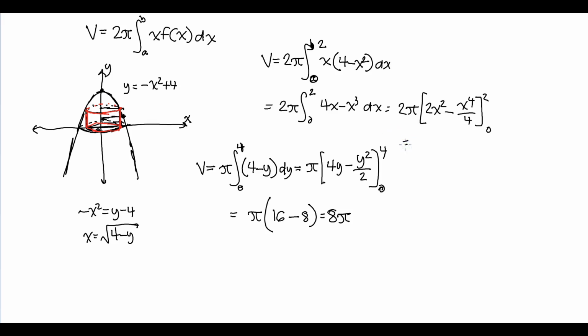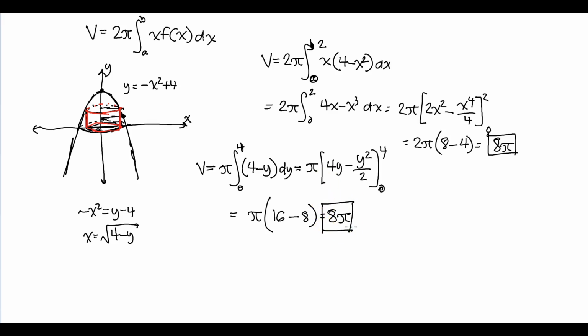We get 2 pi times 2 squared, that's 8, minus 2 to the 4th is 16 over 4 is 4. So we get 2 pi times 4, which is also equal to 8 pi. So we get the same answer no matter what we use.